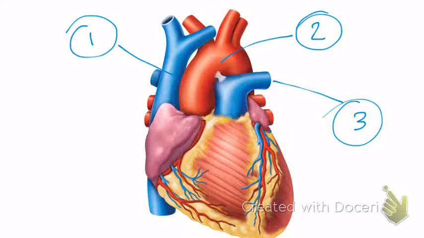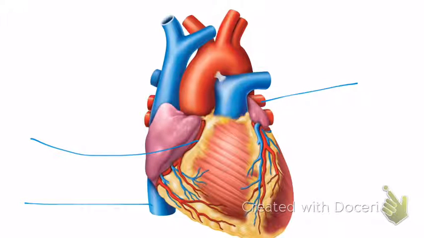That's the left pulmonary artery. Okay, so you got left coronary artery, right pulmonary vein, and inferior vena cava on that one.